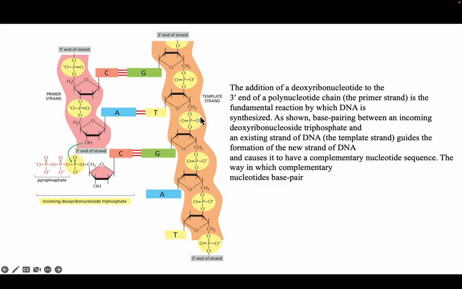Here you can see the 3' end of the strand and the 5' end of the strand, and this is the backbone from which those bases project away. DNA is replicated 5' to 3'. The addition of a deoxyribonucleotide to the 3' end of the polynucleotide chain is the fundamental reaction by which DNA is synthesized.